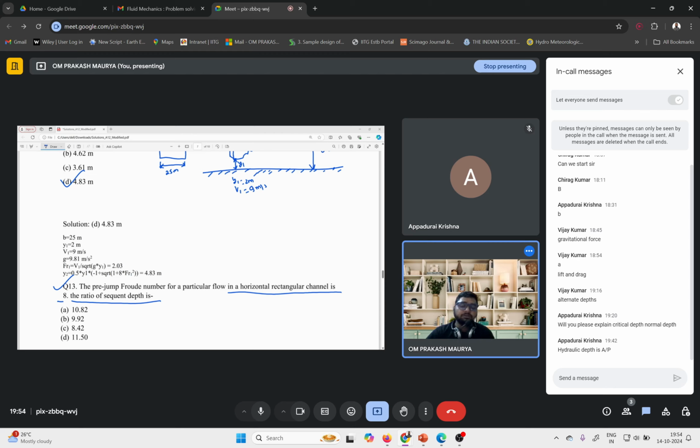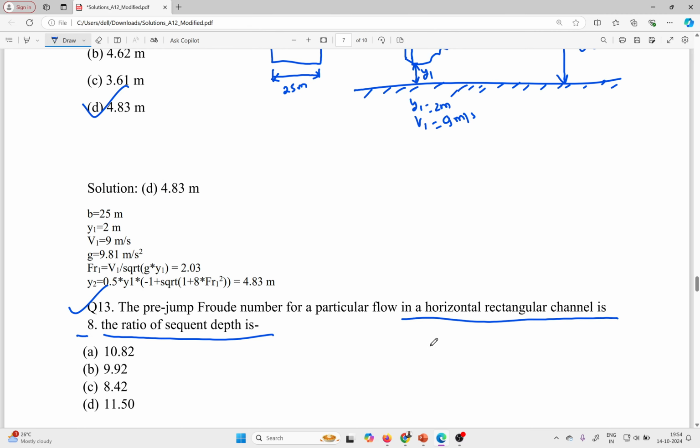Okay, so here the pre-jump Froude number is given already, Fr1 is equal to 8. So remember please, the formula is like that.